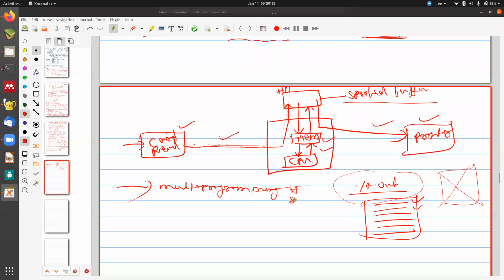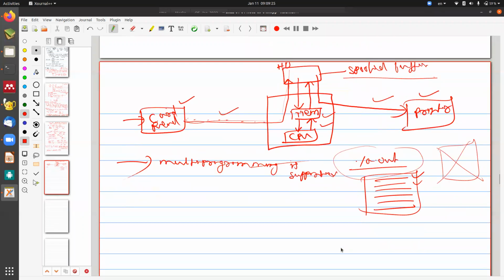Another interesting part: last class, at the very end, I asked what is the difference between spooling versus buffering?